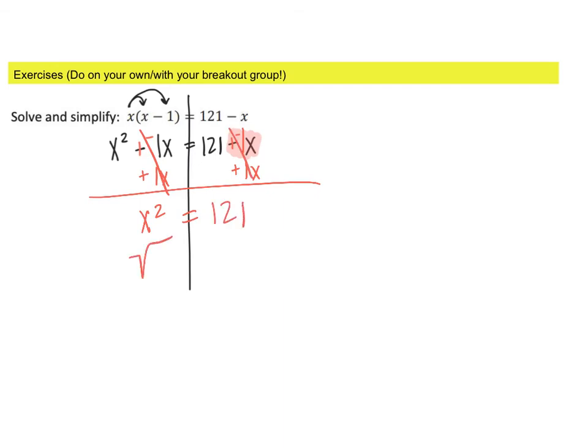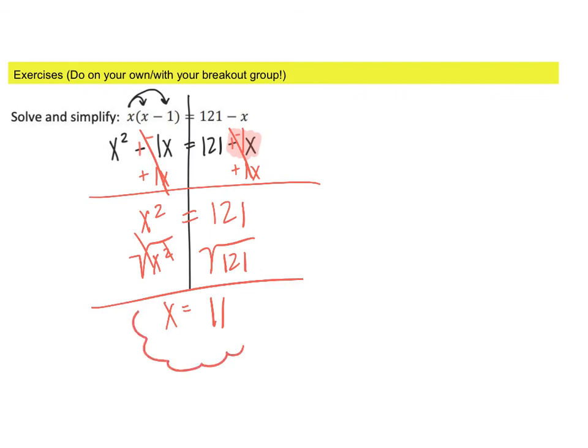To get x completely by itself, I take the square root, and I have to do it to both sides. When I do that, I get x by itself, and the square root of 121 is 11. We can check our work by plugging it into our original equation up top and seeing if we change x to 11, will our equation balance out.